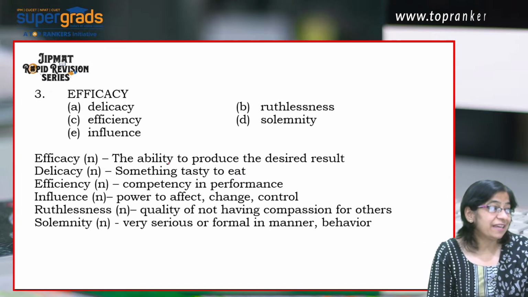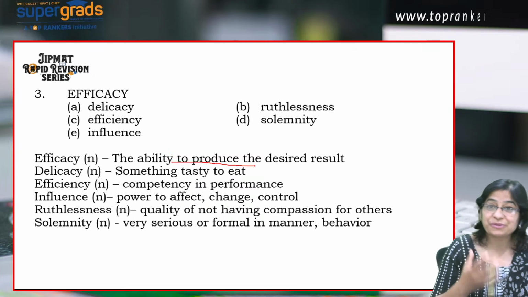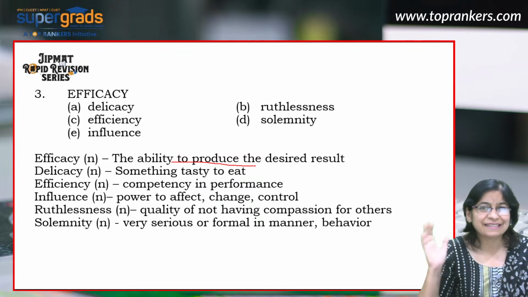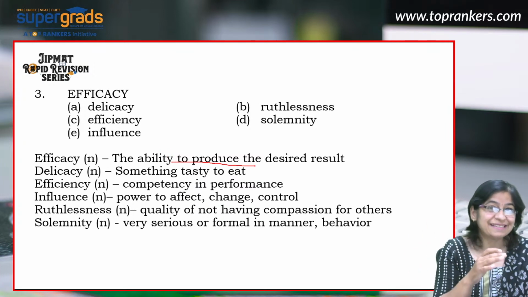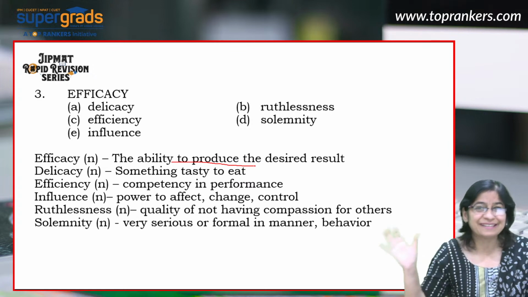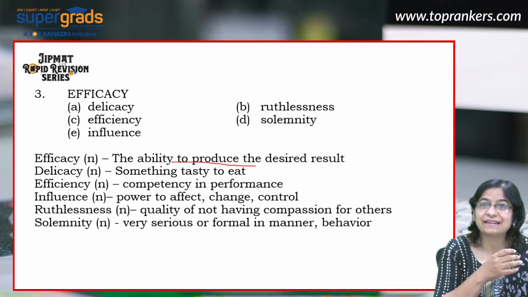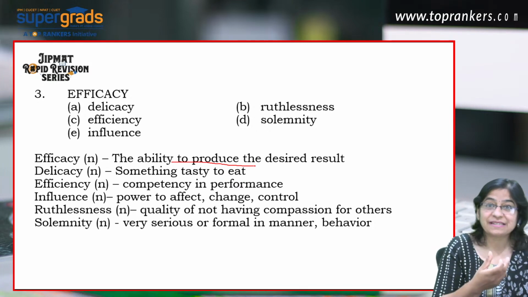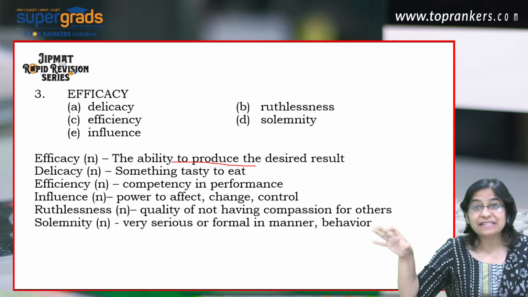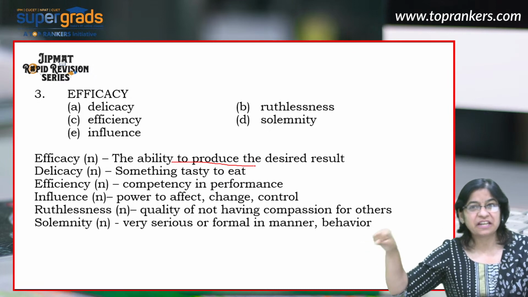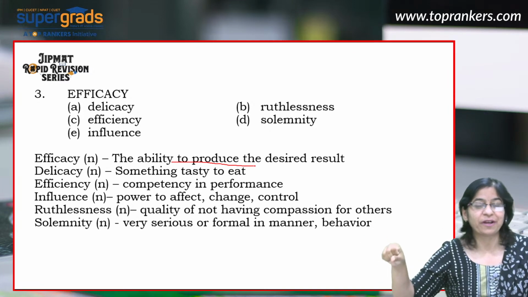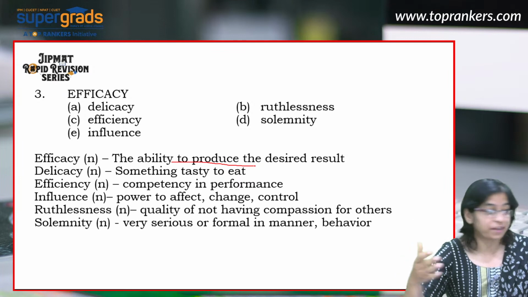So if efficacy is the ability to produce the desired result at just the right time, can it be delicacy? That is something really tasty that you generally get at good places, good food joints. Efficiency is competency in performance. So if somebody is efficient, he's competent, he loves delivering, and that too at the right time in the given time frame.